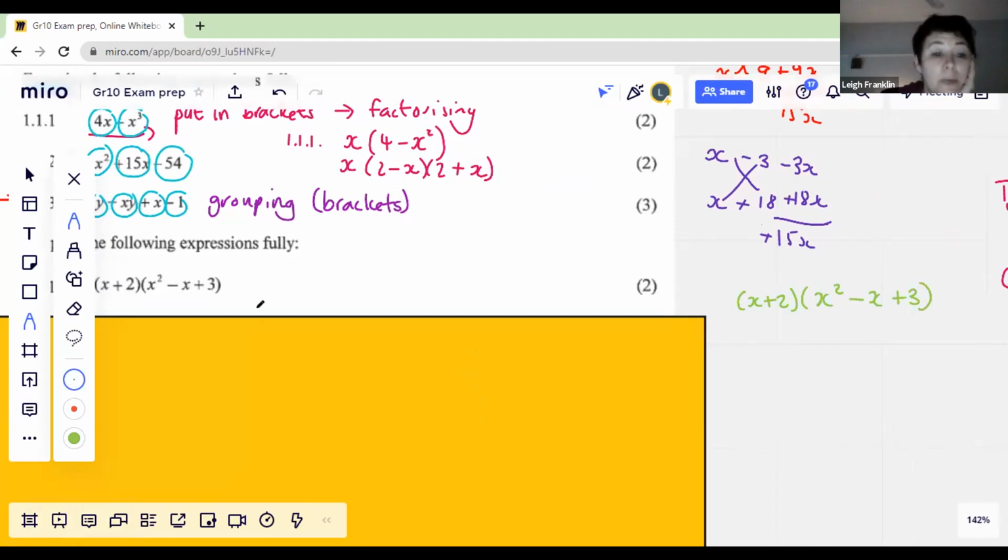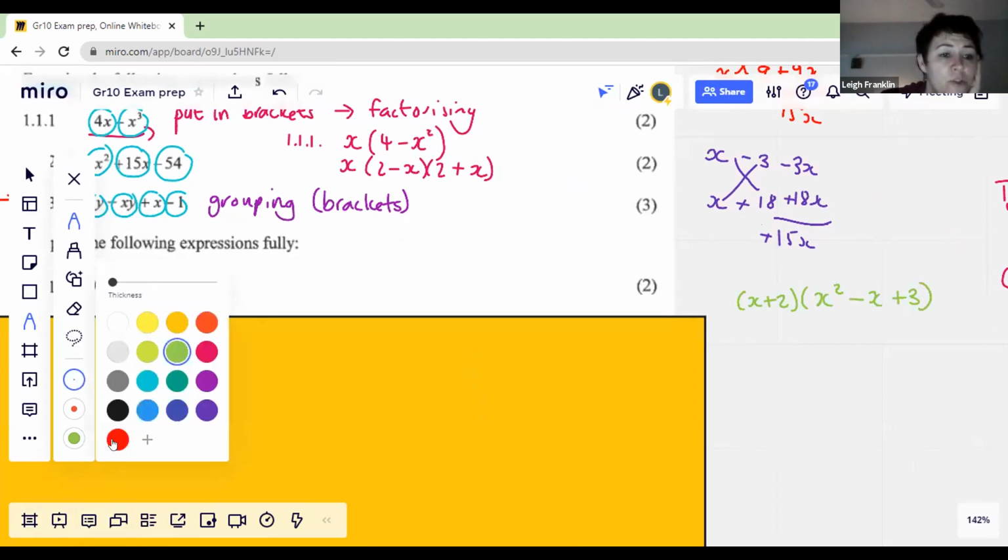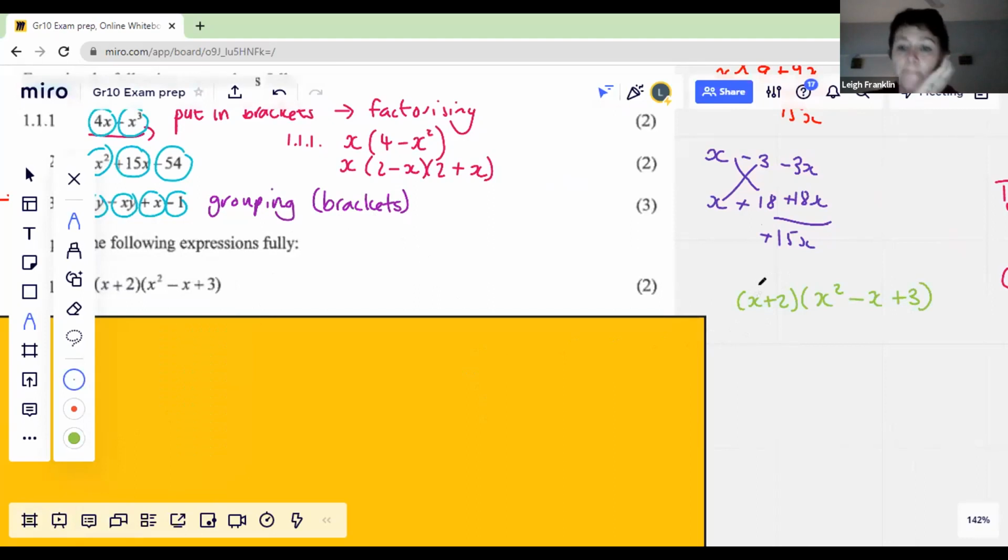So this is how we do it. First, we start with the x, and we have to multiply the x with every other term in the other bracket. So x times x squared is going to leave us with x cubed.